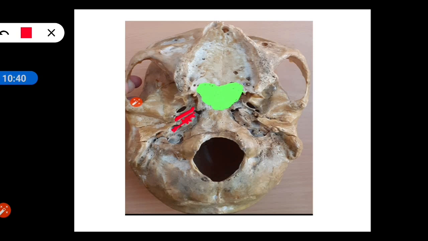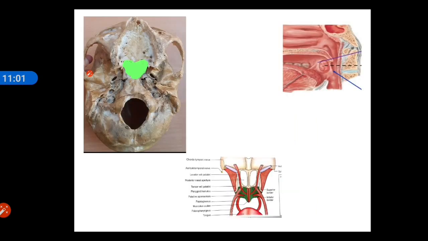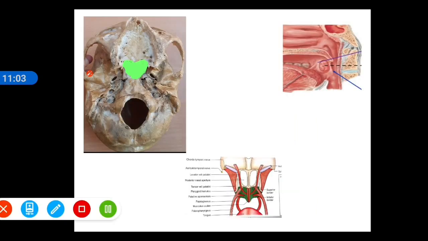From here it arises, passes in the sinus of Morgagni and attaches to the upper part of the palatine aponeurosis in between the anterior and posterior fascicle of palatopharyngeus muscle. Next we will see about the palatopharyngeus muscle. So in this diagram, we will see the palatopharyngeus.